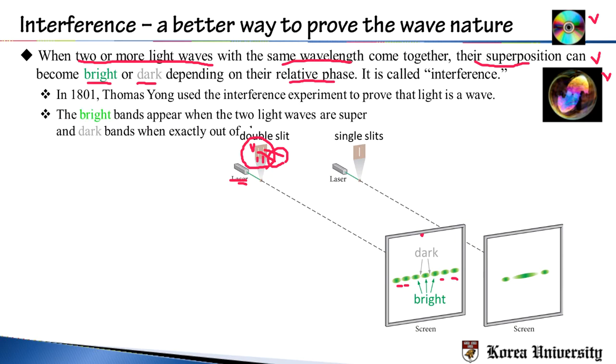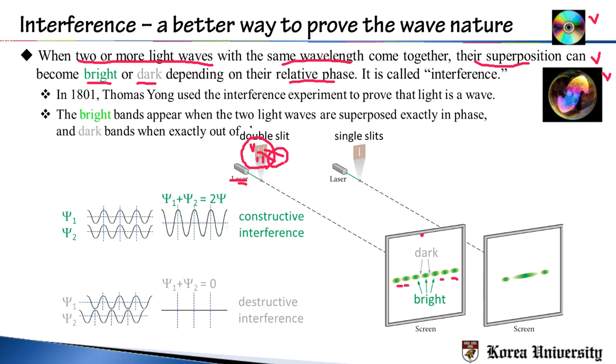This is due to interference, and the idea is very simple. If you assume that light is a wave, the easiest mathematical function to represent these waves is of course the sine function or cosine, it doesn't matter, but here let's assume sine.